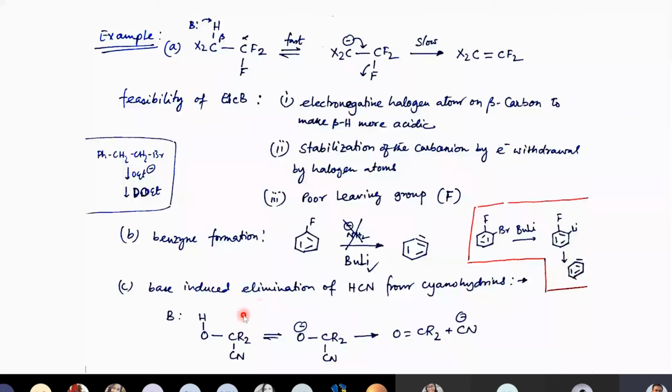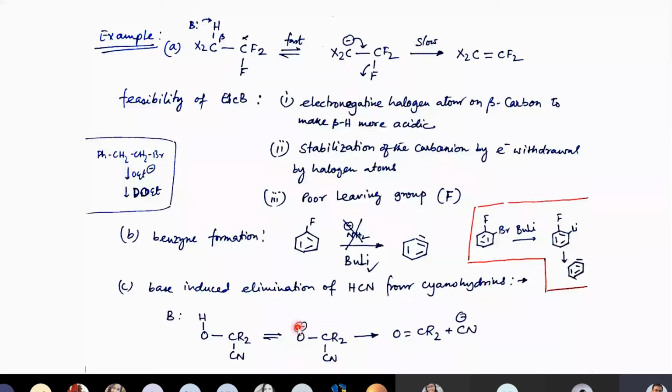Another example is base induced elimination of hydrogen cyanide from cyanohydrin. If you take a cyanohydrin and add some base, the base would take this proton first to form this O negative. This O negative is stabilized because oxygen is an electronegative element.